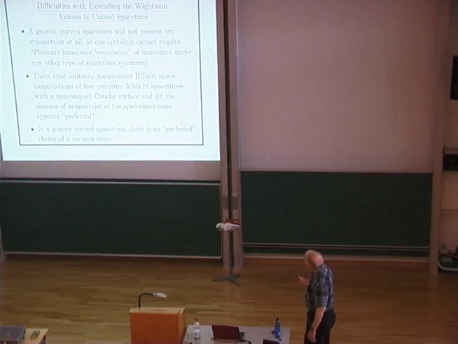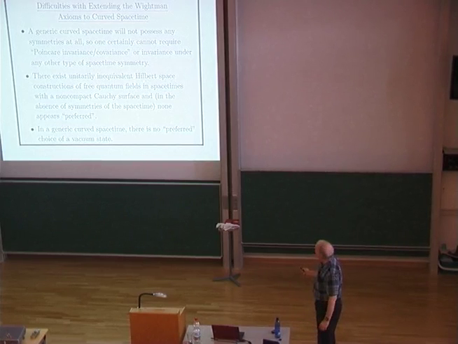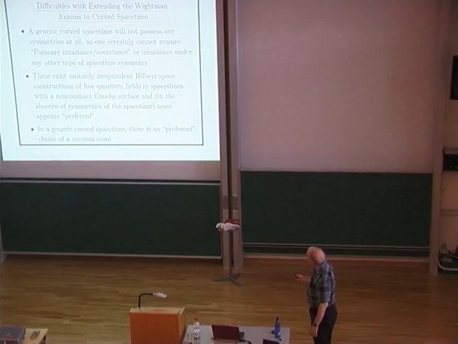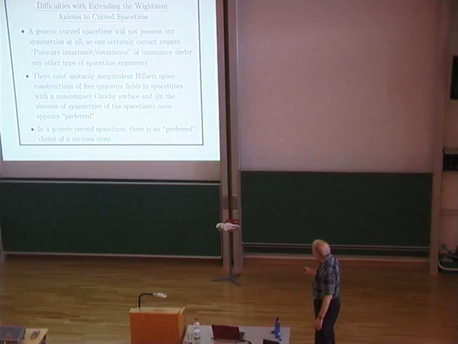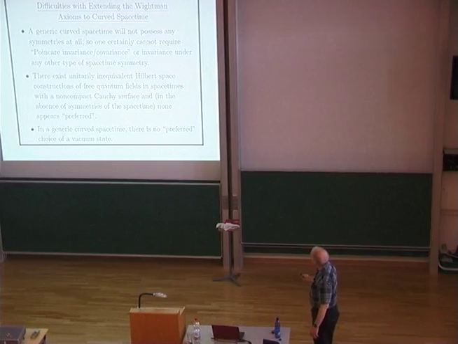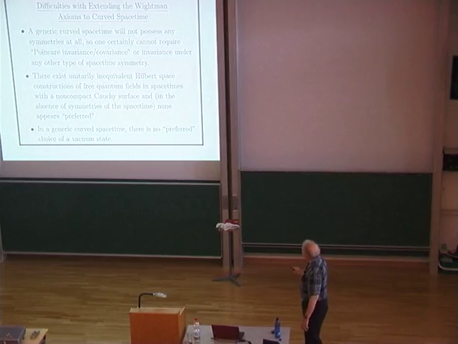There's also a problem where the word Hilbert space was used, as appeared in several places. Even if you go to the case of free fields, which one does have a good, clear understanding of, if you consider them in space-times with non-compact Cauchy surfaces, there are plenty of, infinitely many, unitarily inequivalent Hilbert space constructions of free quantum fields.